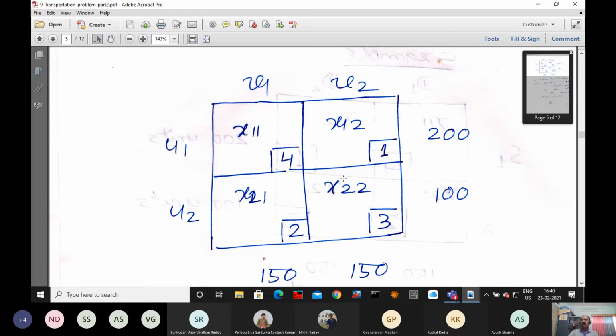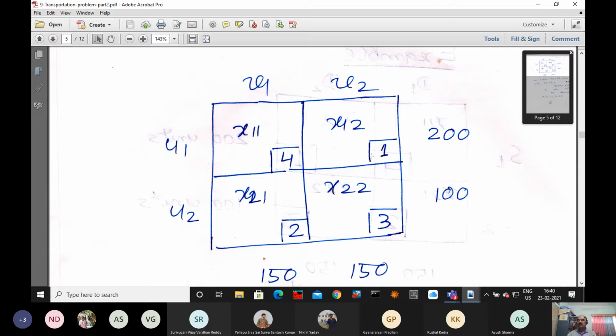We allot to X12 50, and whatever is left out, we reduce. From 150, 50 has gone, so 100 remains, and that is allotted to X22. So finally we set: X11 equal to 150, X21 equal to 0, X12 equal to 50, X22 equal to 100.